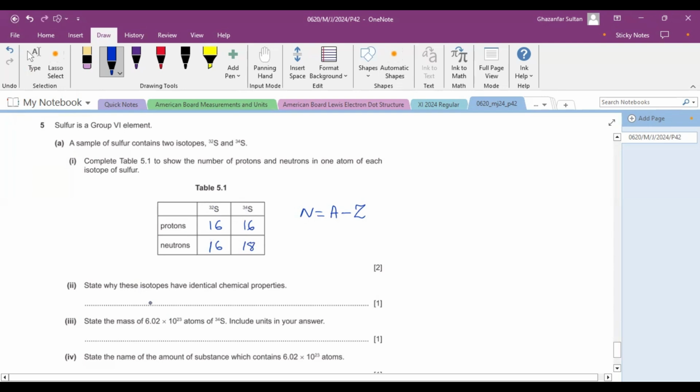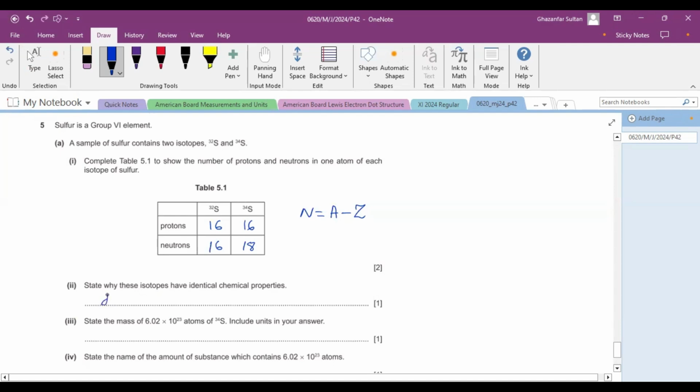State why these isotopes have identical chemical properties. So we should remember that chemical properties depend on electronic configuration and the electronic structure. Both are the same thing.